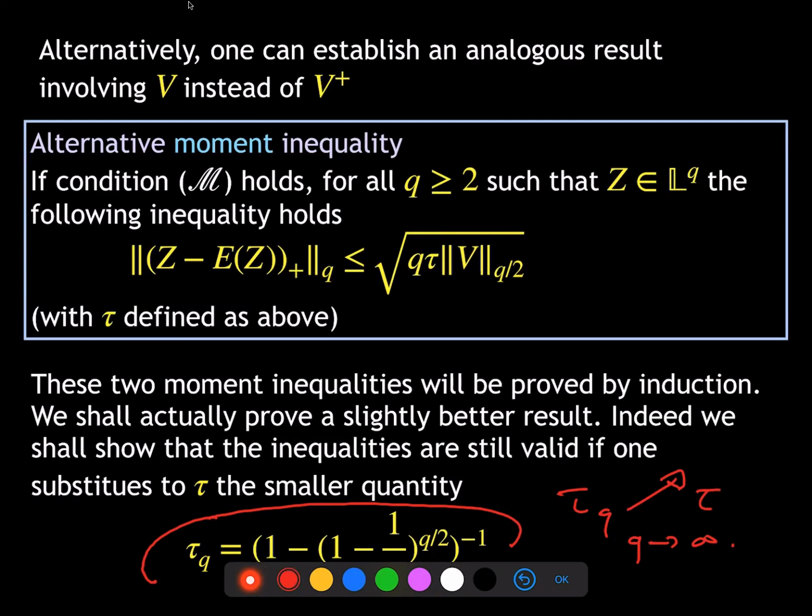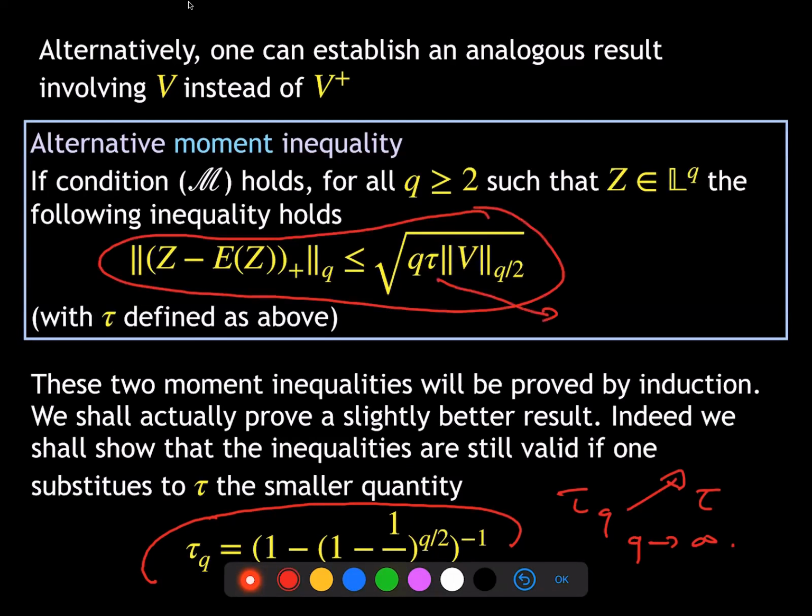So this is exactly what we have to prove now. That is exactly the inequality above here, but with tau q instead of tau. This is what we shall prove. And of course, it will imply the final result.